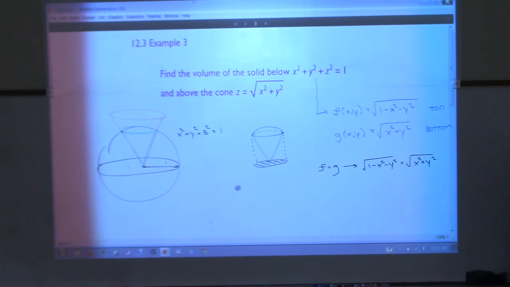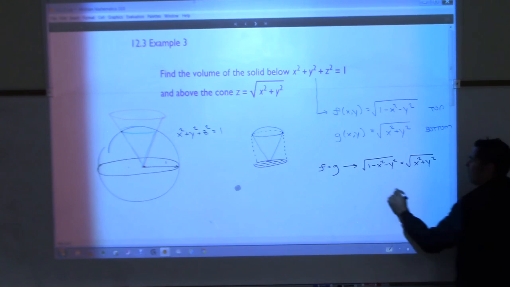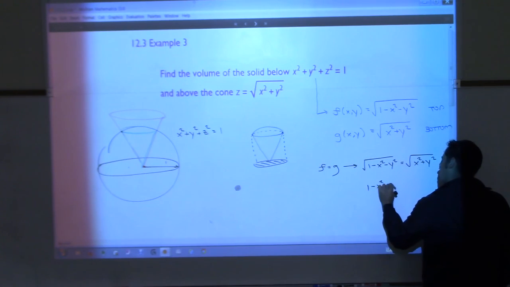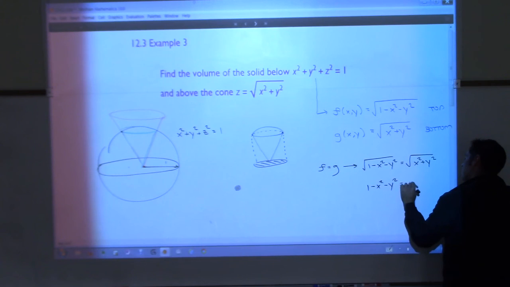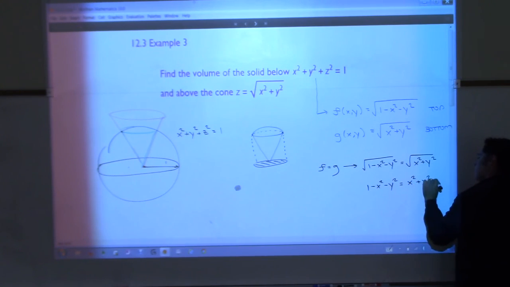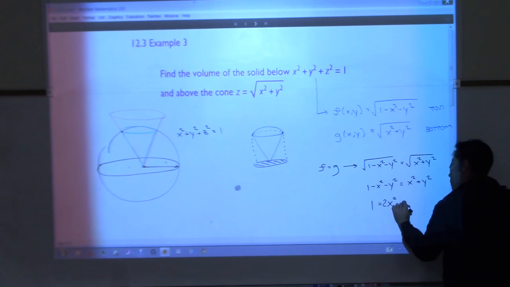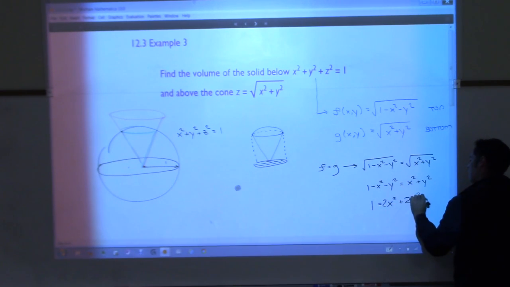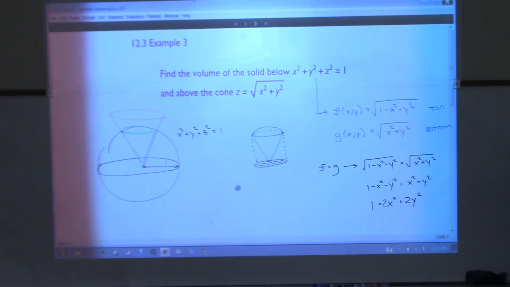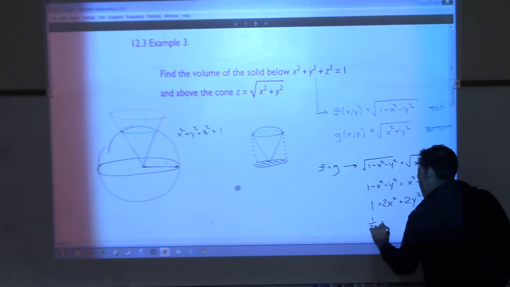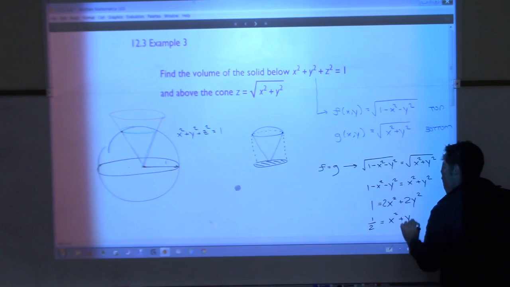If we square both sides, we get 1 minus x squared minus y squared equals x squared plus y squared. Let's move our x's and y's to the right and divide by 2. x squared plus y squared equals 1/2. So this is the equation of a circle, isn't it?